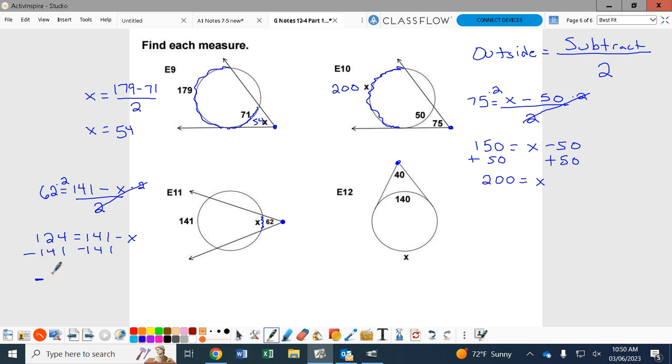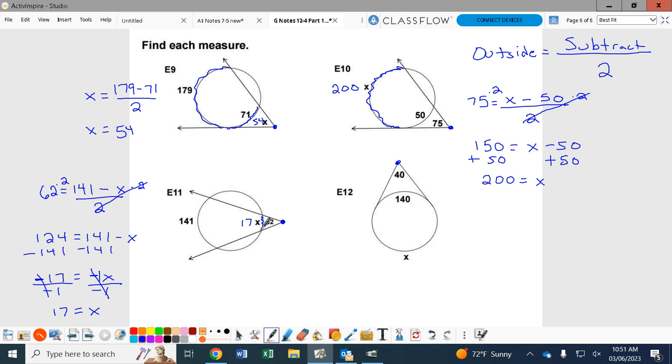It's going to give you negative 17 equals the opposite of x, or negative x, or negative 1x, or whatever you want to call it. Okay, guys, what number is really in front of here? Negative 1. So to get rid of that, you got to divide both sides by negative 1. And you'll see the negative takes care of itself, because a negative divided by negative is a positive, and 17 equals x.